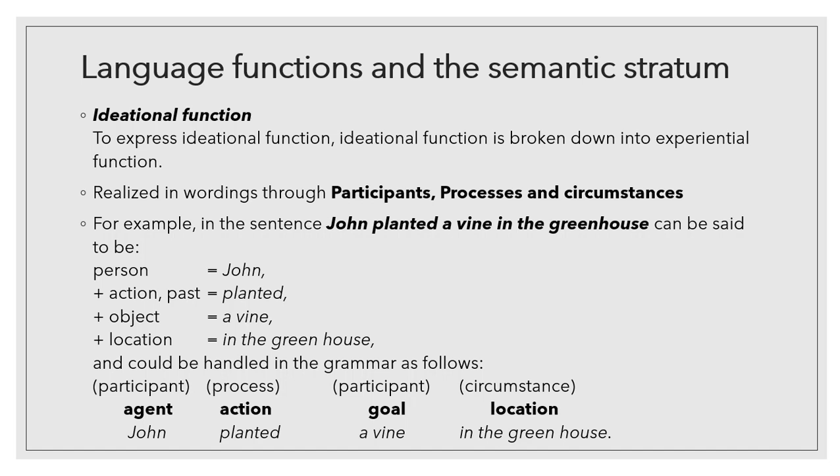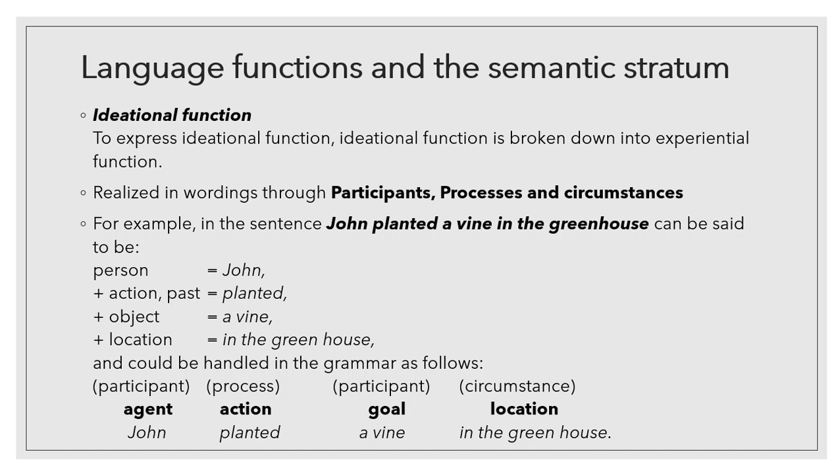So it's not enough to identify like that, but it is important for you to handle it from the systemic functional grammar perspective. When we try to identify the ideational function, we remember that the structure will be participants, processes, and circumstances.